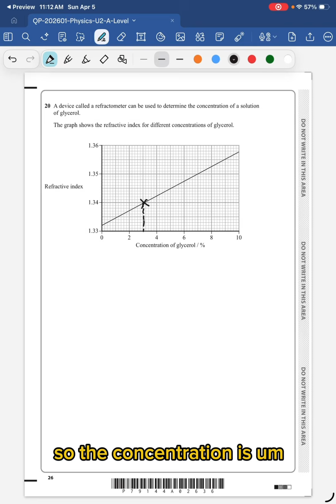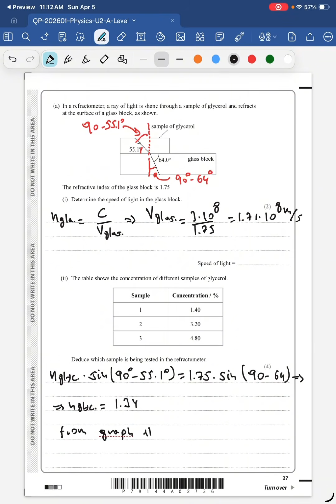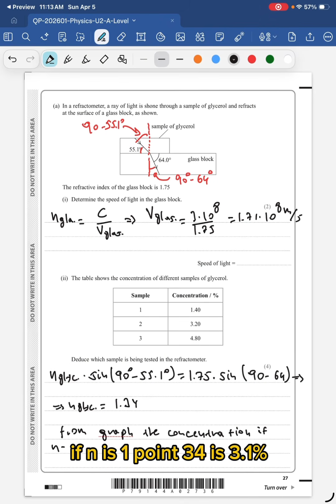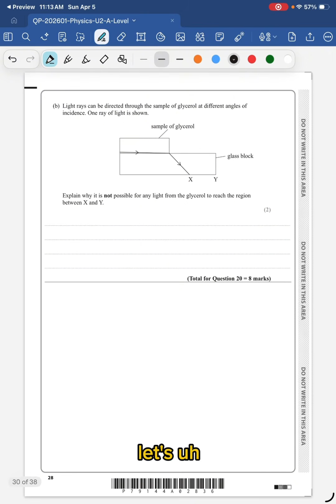So the concentration is about 3, maybe 3.1, something like that. So from the graph, if n is 1.34, the concentration is 3.1%, which is sample 2. Okay, let's move on to part B.